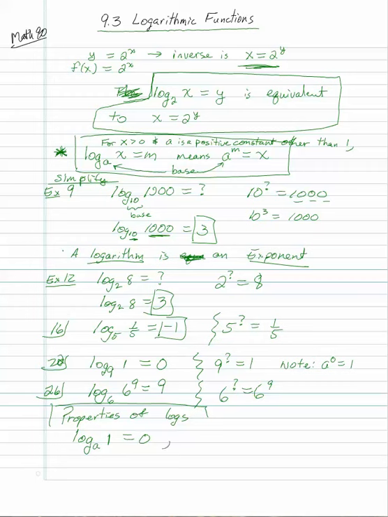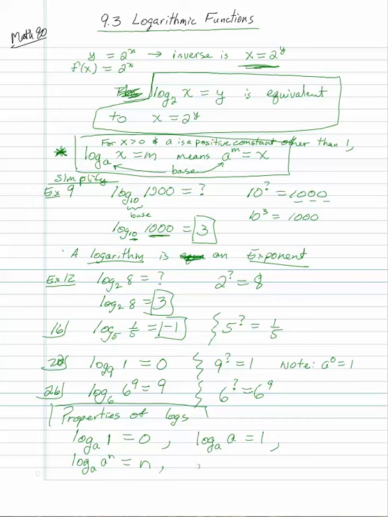Also, log base a of a: a to what power is a? Well, that's 1. And then these are the inverse properties. Log base a of a to the n is just n.